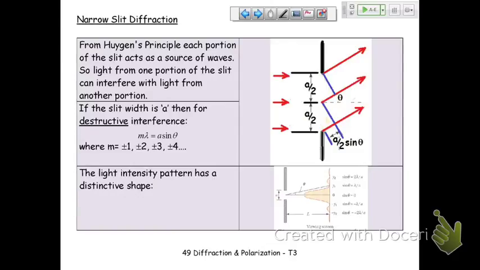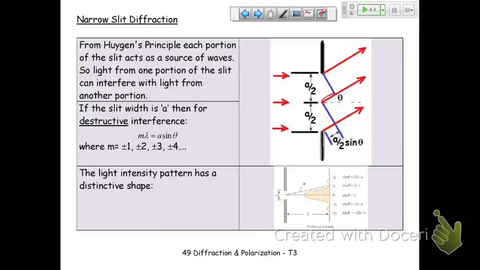We don't have two slits, we only have one. How can we mathematically analyze this? We can analyze it as if it were two slits. So what we do is we imagine having a top half and a bottom half, and we do the same trick we did before. We said, okay, it's going off in that direction to the top right, and we can imagine this path difference and all that kind of stuff.